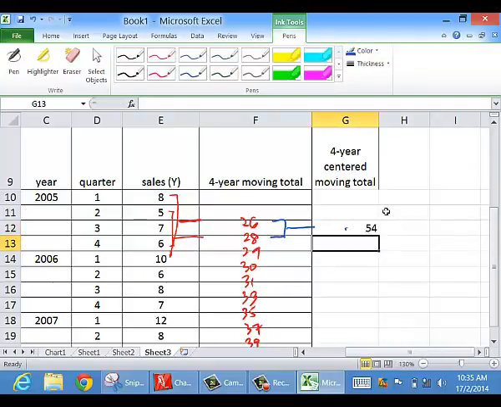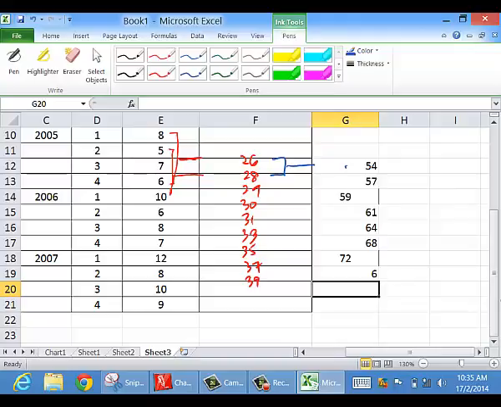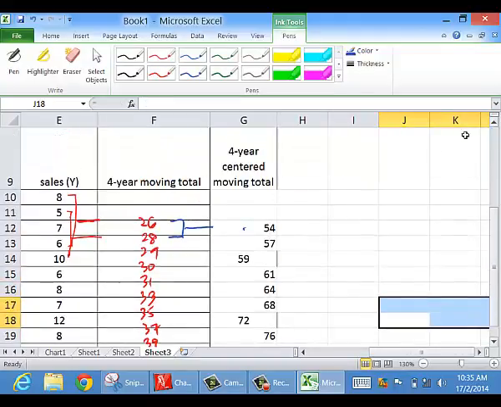And this one 28 plus 29, 57, 29 plus 30, 59, 30 plus 31, 60, 61, 64, 33 plus 36, 35. How much will you get? 68. And this one should be equal to 72 and 76. Can you do it? Any problem?